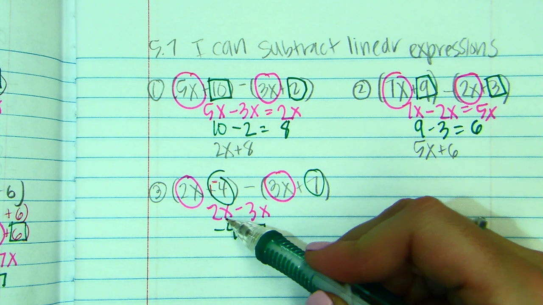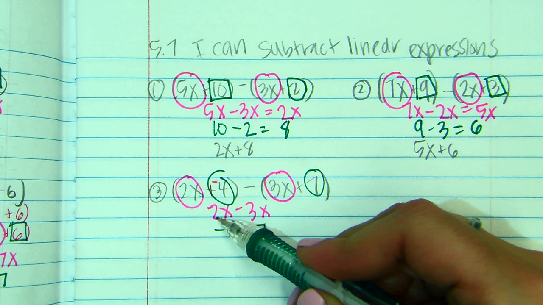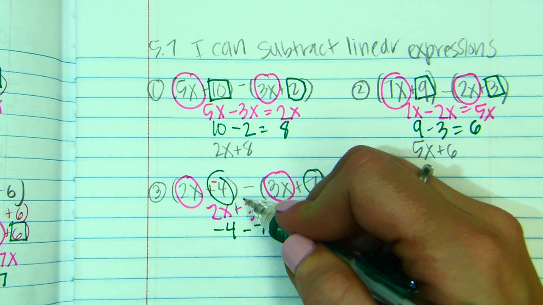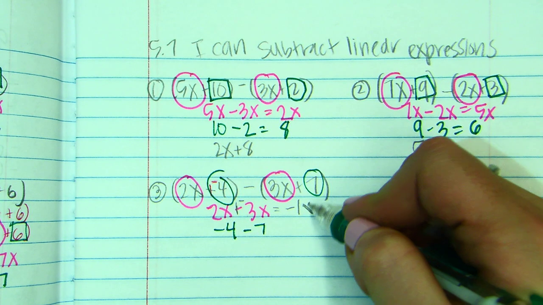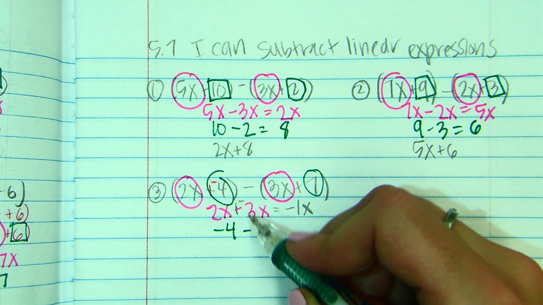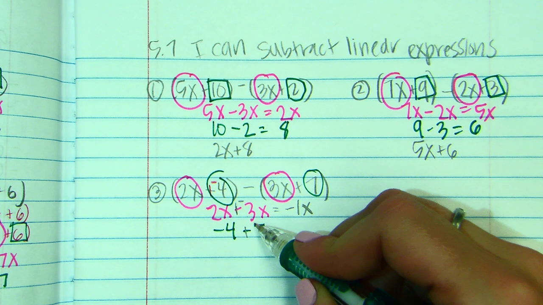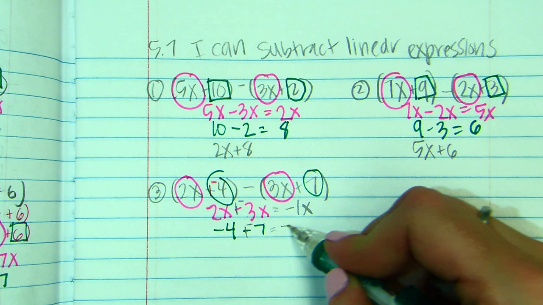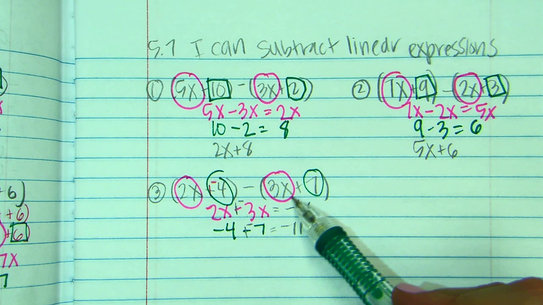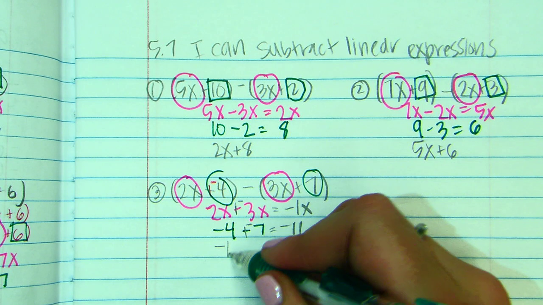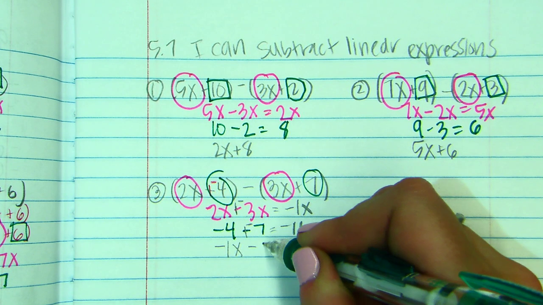Alright, I can't do 2x take away 3x because 2 is smaller than 3, so I'm going to change the sign in the one behind. So I get negative 1x, and then that negative 4 minus 7, I change the sign in the one behind, and I get negative 11. So now when I put this together, I have negative 1x minus 11.